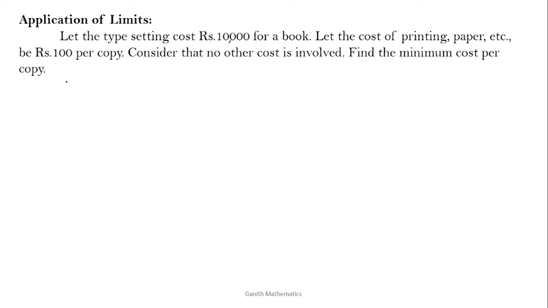So if you are producing or purchasing more books from the same manufacturer, then the cost will be reduced, right? If the manufacturer produces more books with the same typesetting cost, then the cost will be reduced. But how much will it reduce and what will be the minimum cost? That's what we are going to see.